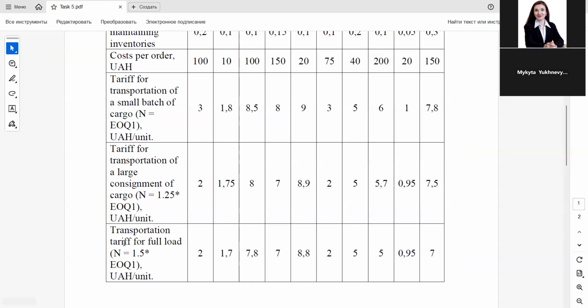It will be the transportation tariff for full load. For example, for the first variant, it will be the same as the previous calculation. But for other variants, it could be another value or the same value. It is different for different variants. Please find it. So we find the transportation cost for every option. So now it is about the transportation tariff and we calculated it.